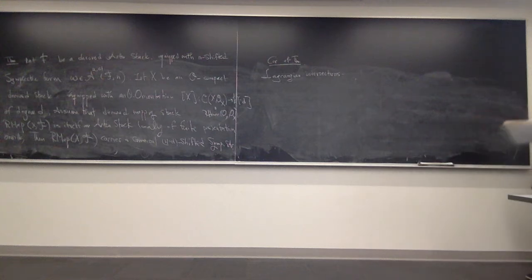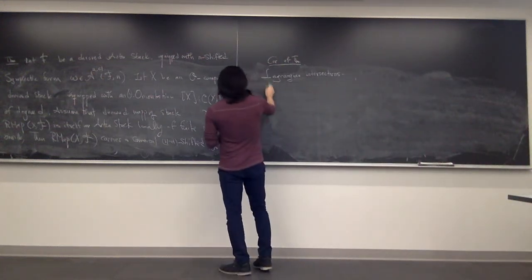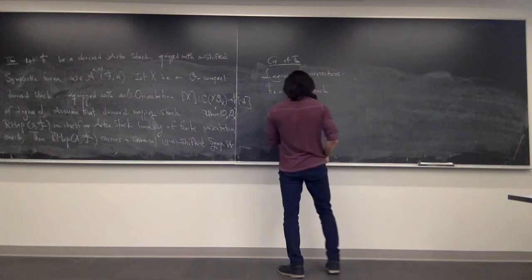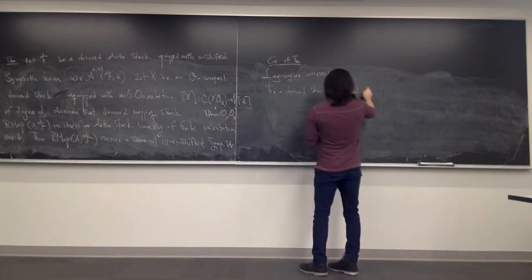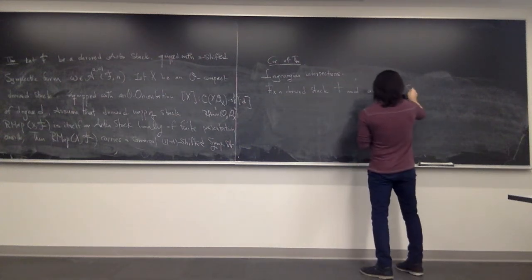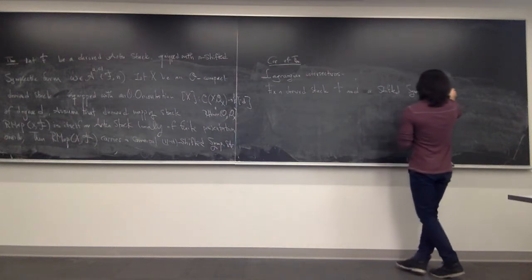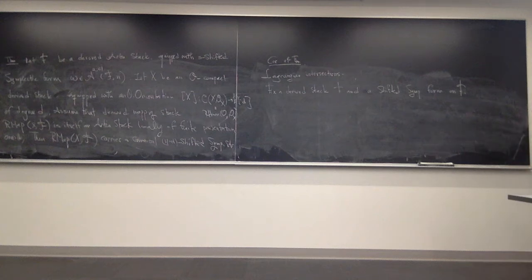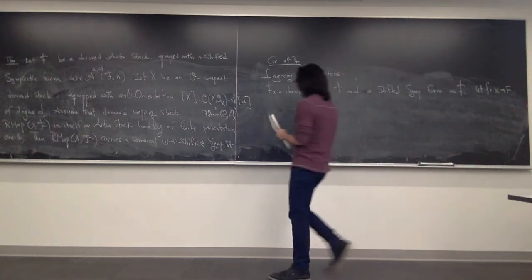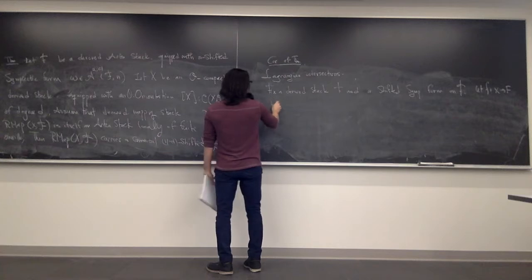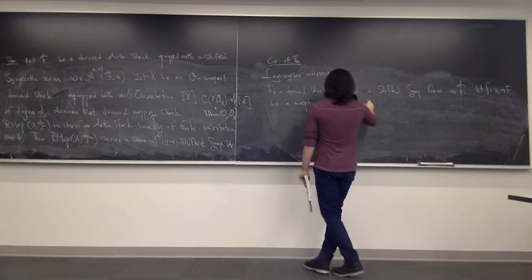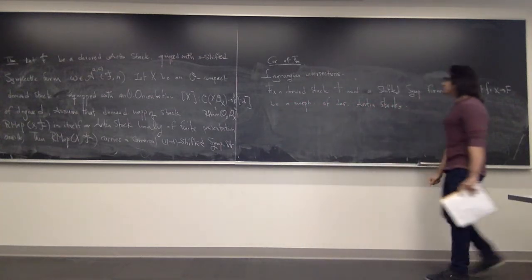We have a derived stack F and a shifted symplectic form on F. Okay, let f from X to F be a morphism of derived Artin stacks.